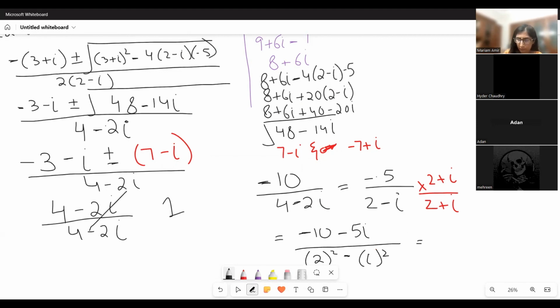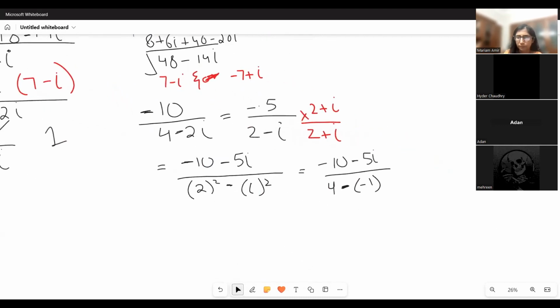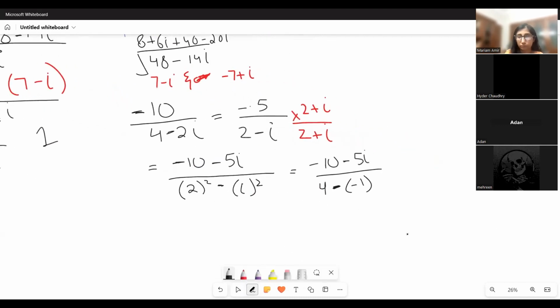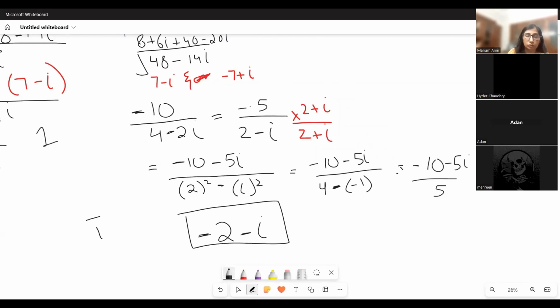So that's going to be minus 10 minus 5 iota divided by 4 minus 1, so that's 5 in the denominator. Minus 10 minus 5 iota divided by 5. So we're getting minus 2 minus iota. That's one of the solutions, and the other solution was 1.